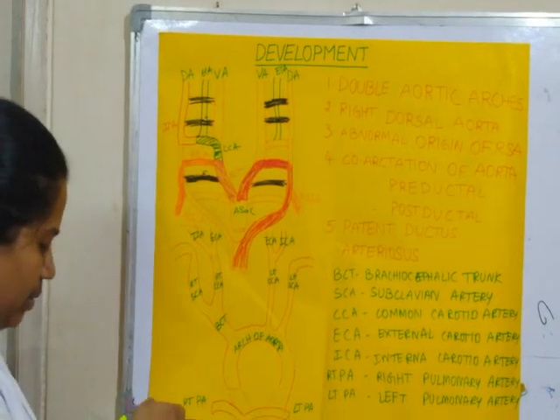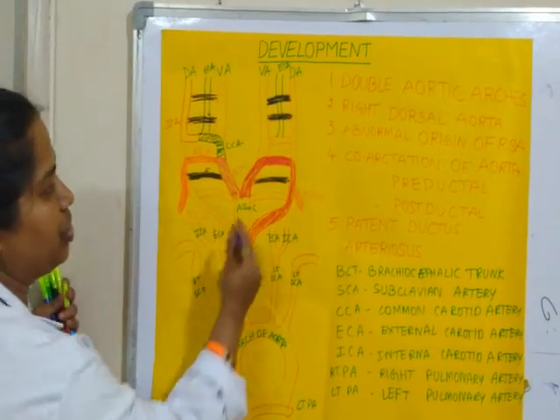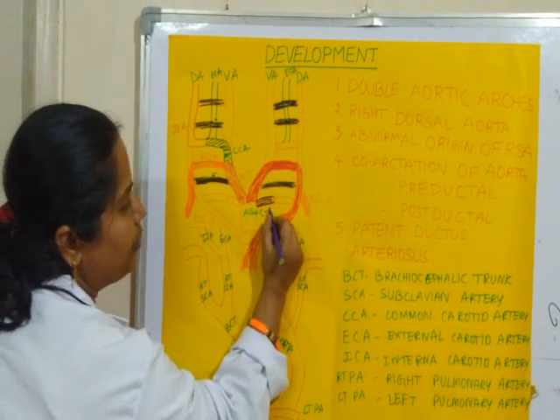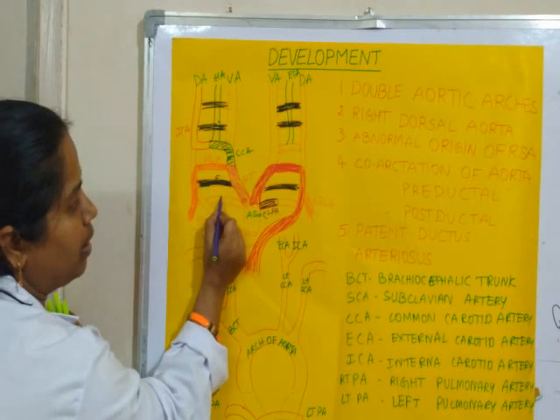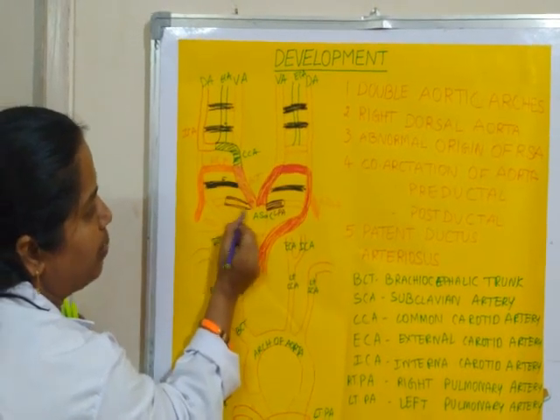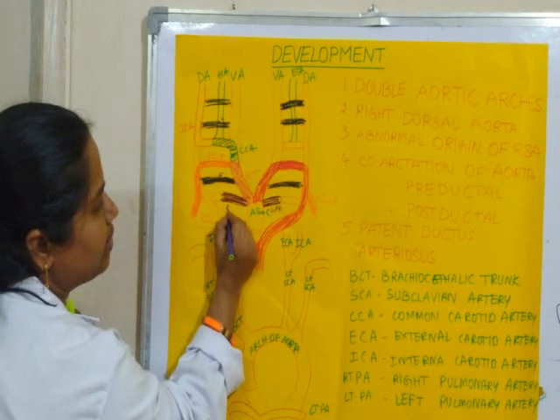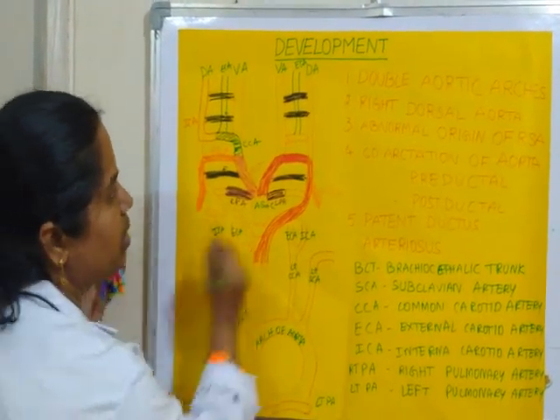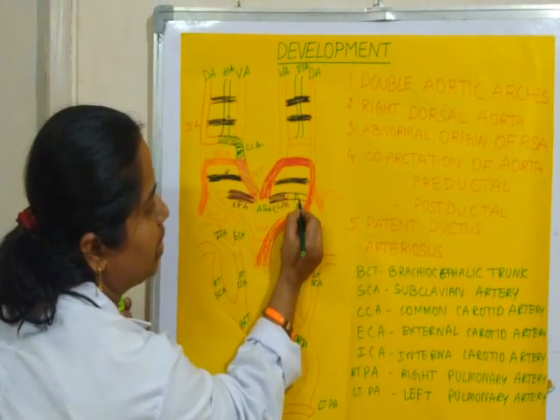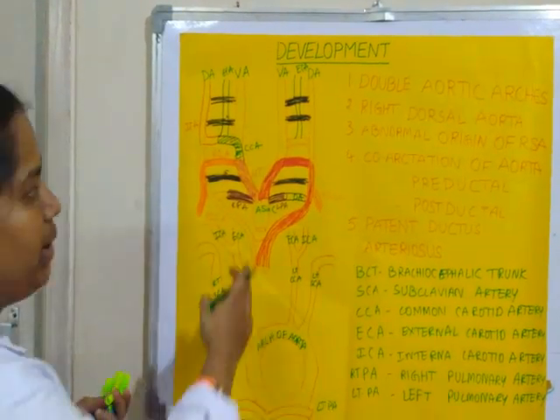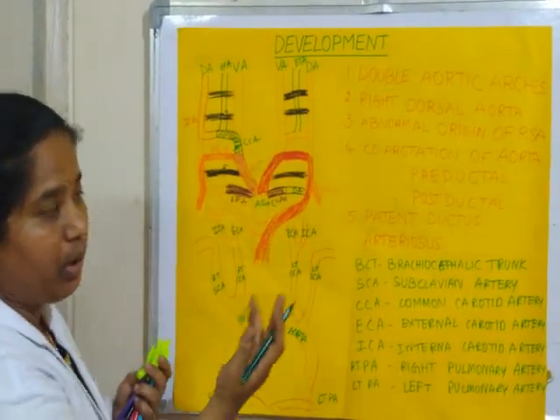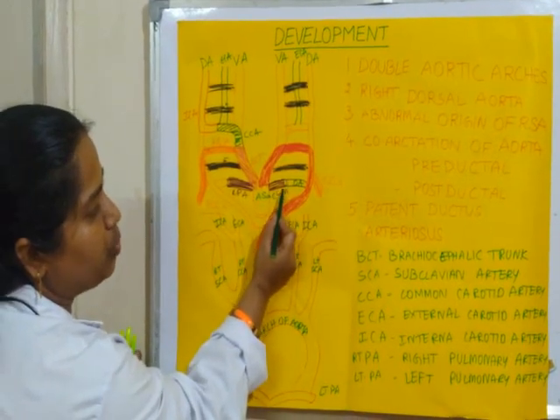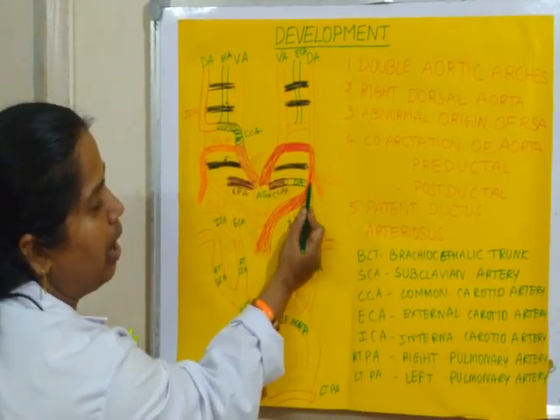And this sixth arch, a part gives rise to the left pulmonary artery on the left side, and a part gives rise to the right pulmonary artery on the right side. The remaining part on the left side forms the ductus arteriosus, which is patent in early life, and after birth remains as a communication between the left pulmonary artery and the arch of aorta.